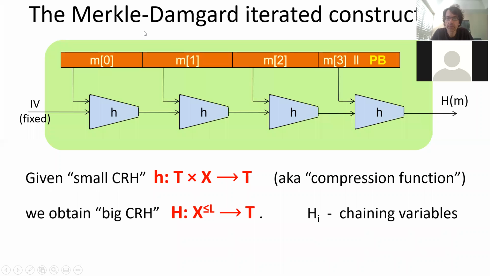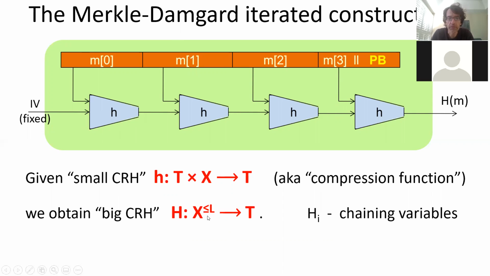So here is the Merkle-Damgård compiler. It takes a small collision resistant hash function. These are called compression functions. A compression function is a CRH that works for fixed input size messages. Given that, we obtain a big CRH.